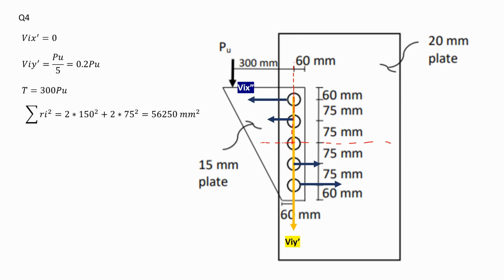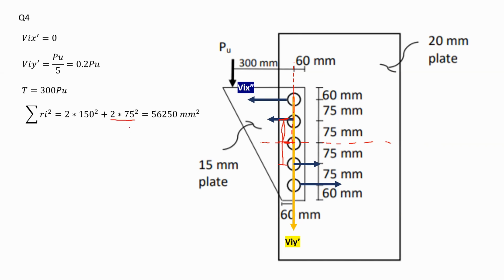I have to consider the distance from the X-axis to this bolt in here. So that's the distance between this bolt, for example, and the centroid of the group of bolts. What's that distance? It's given to us as 75 millimeters. As you can see here, I have one bolt at top and another bolt at the bottom over here. So I have two bolts. Therefore, I say 2 multiplied by 75 squared.